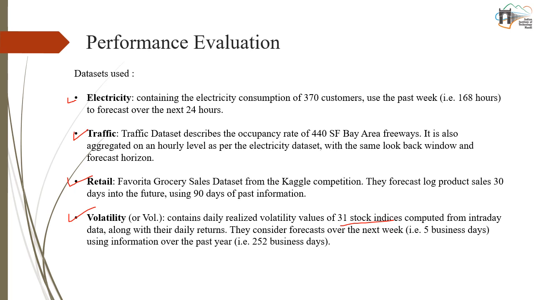In this case, they considered the forecast over the next week, that is the next 5 business days, using the information over the past year. So the look back period was about 252 days, and the forecast time was 5 days.